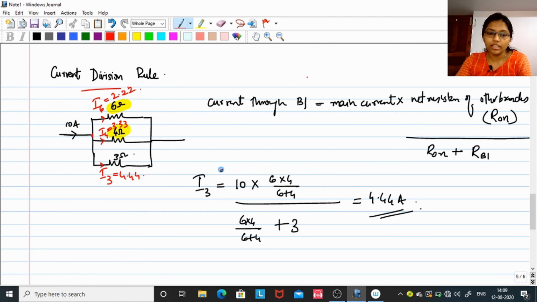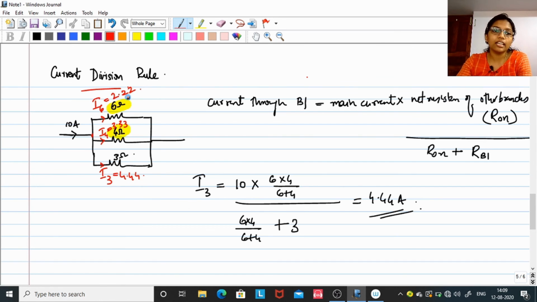So this is the current division rule. When a current hits a parallel combination of resistors, according to the resistance, the current splits up. Here you can see that the least resistive path is the 3 ohm path and there you have 4.44 amps. A major share of the 10 amps goes through the least resistive path, and the highest resistance path is the 6 ohm, where you have the least current, 2.22.